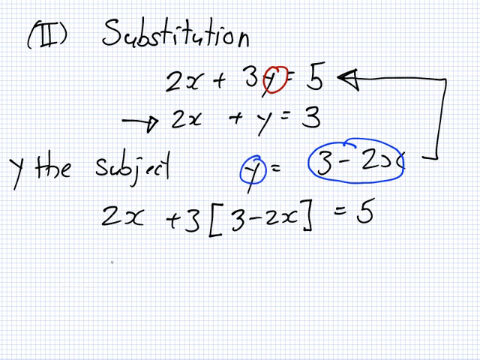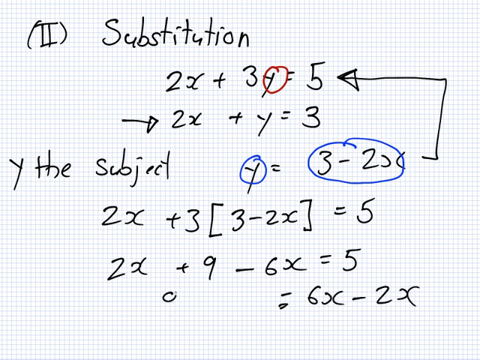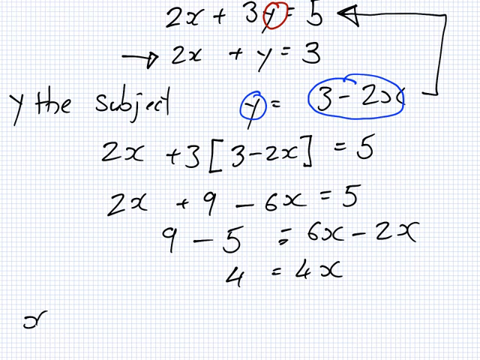Now, expanding, we have 9 minus 6x equals 5. 6x minus 2x, and then 9 minus 5. 4 equals 4x, so obviously x equals 1.